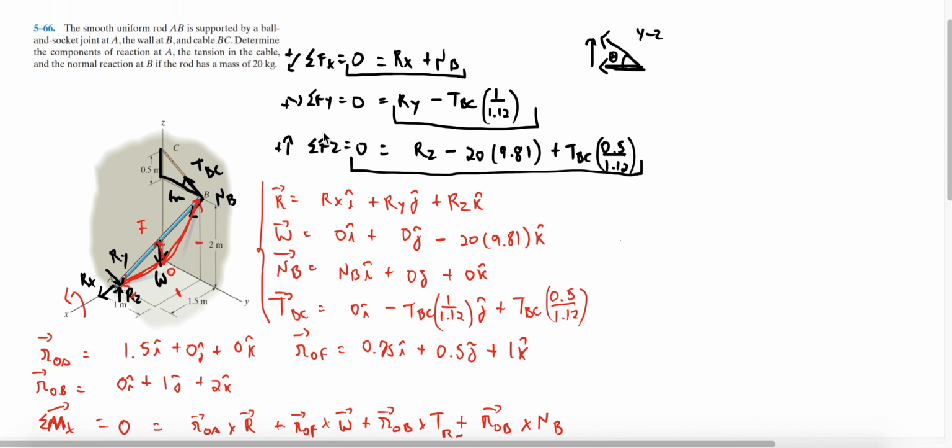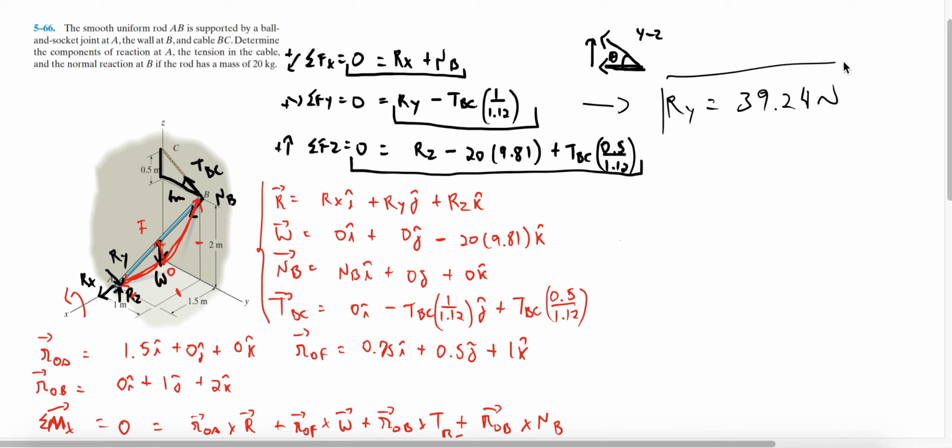Let me look for other equations that I may be able to get an answer from. So it looks like some of the forces in the y and some of the forces in the z are great candidates. So I can do TBC times that and get our y. So our y is just simply going to be, if I calculate it, 39.24 newtons.